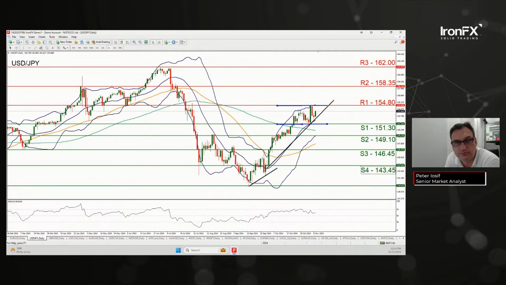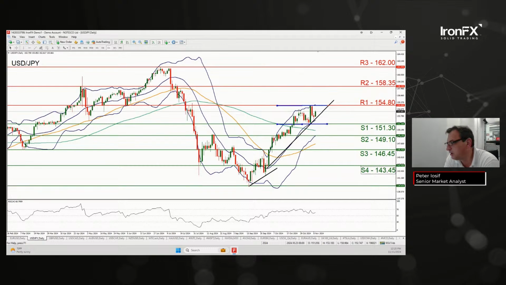158.35. On the flip side, should the pair remain within the boundaries set between the R1 and the S1 and break at the same time the upward trend line, that would be a clear indication, in my opinion, that the upward movement has been interrupted and the time to switch the bullish outlook in favor of initially a sideways movement bias.